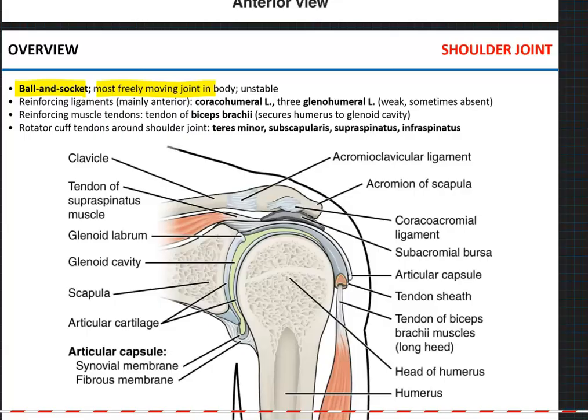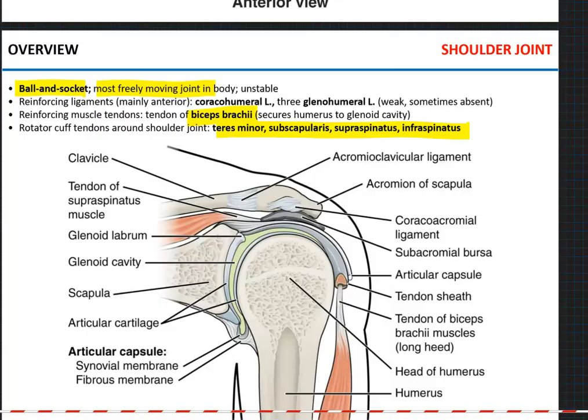So, that comes from freedom of movement, but there's a downside. It's often dislocated. Why? Well, first of all, muscles that cross your shoulder joint: biceps, triceps, rotator cuffs. Overall, biceps, triceps, coracobrachialis, rotator cuffs, they're small muscles. That makes sense?